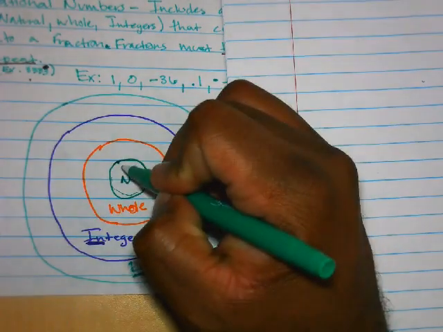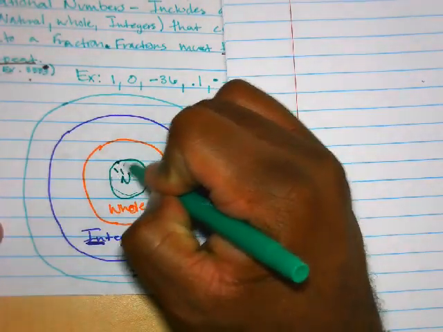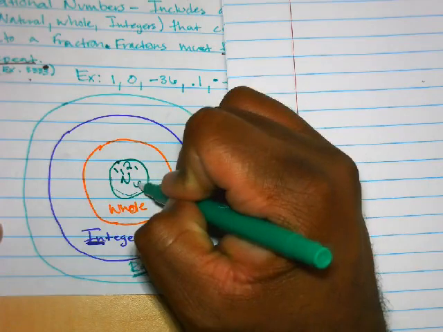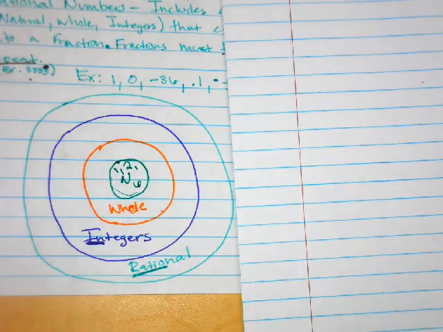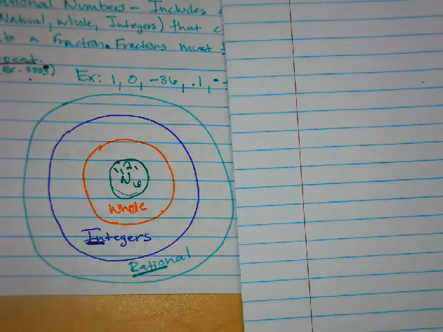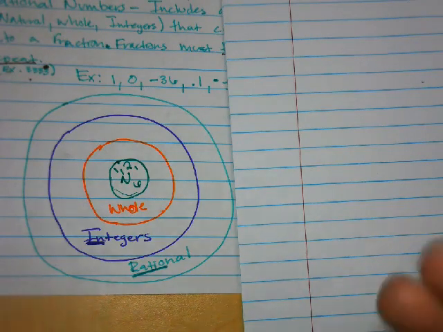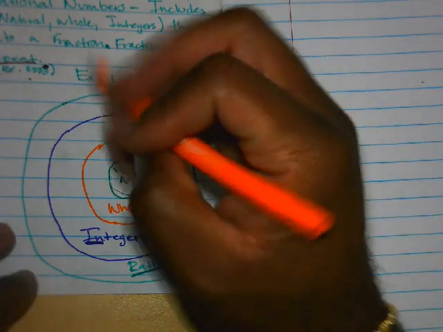The one in the middle, it's a natural number. So an example of a natural number is number 1, number 2, you can have the number 6. Those are all natural numbers. Next we have whole numbers. The only number that's different in regards to natural versus whole is the number 0.